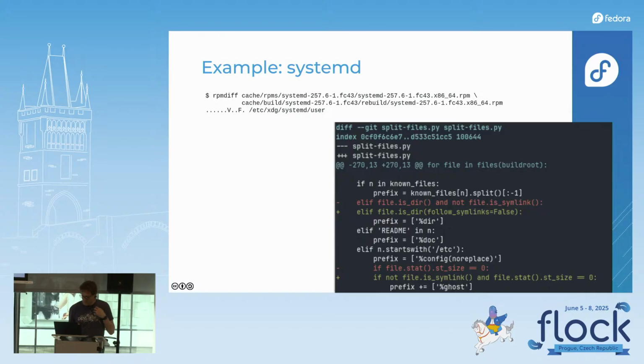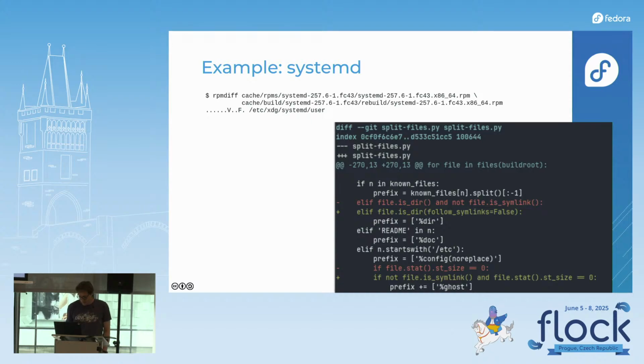This is a thing I wrote, it's great. And what it does at the end is that for some packages, you need to add prefixes in the files list, so %dir for directories and %doc for documentation, and config no replace and ghost for files.